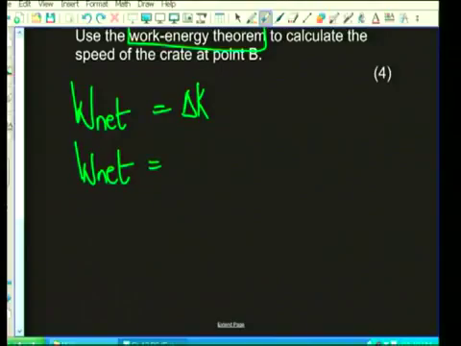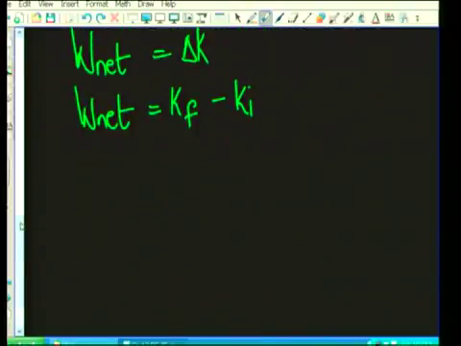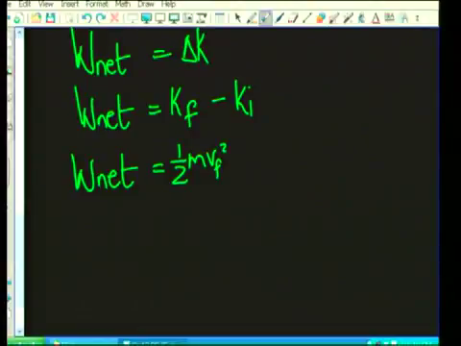Delta K means final minus initial. If you need to write this to remind yourself, then please do. I'm still going to set up the equation before I do anything else. So that means I've got to do a half m final velocity squared minus a half times m times initial velocity squared.